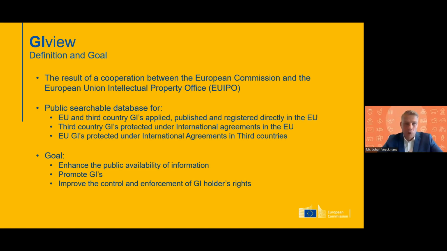It also shows what EU GIs are protected under which international agreements in countries outside of the EU. And its goal is basically to enhance the public availability of information, to promote GIs, and to improve the control and enforcement of GI holders' rights.